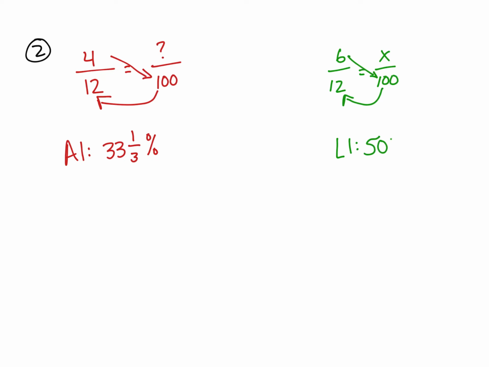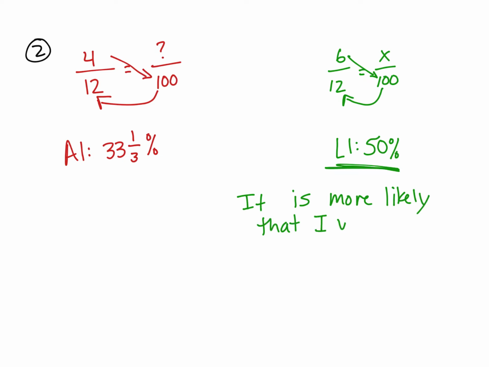So this comes out to 50% for L1 in your schedule. Then it says to compare. So is it more likely that you'll have Art 1 or Language 1? Because 50% is more than 33, it is more likely that I will have L1 in my schedule.